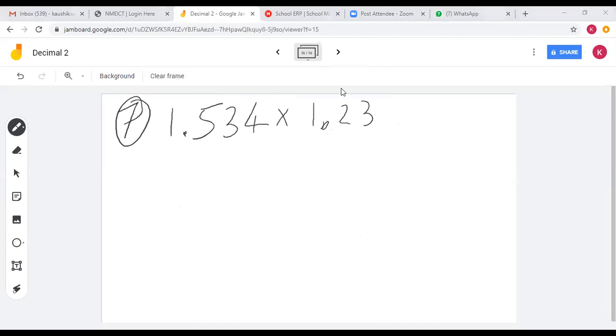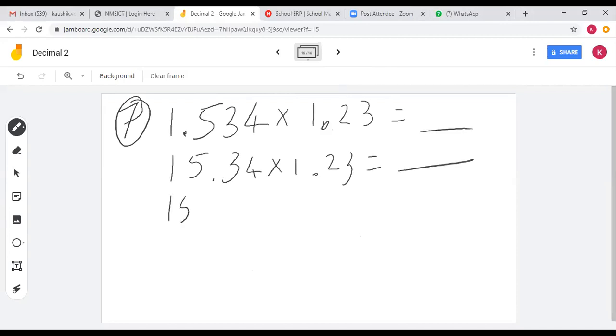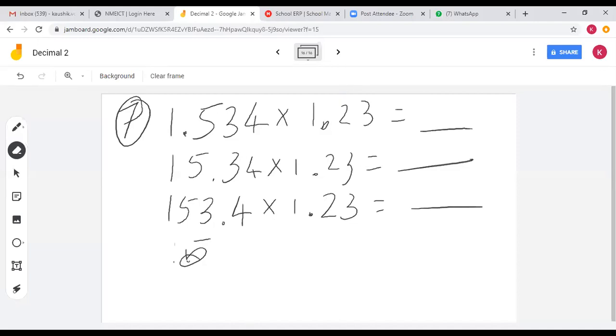Okay, now same example, 15.34 into 1.23. Fill in the blanks. Okay, then 153.4 into 1.23. Okay, then 1534 into 1.23.